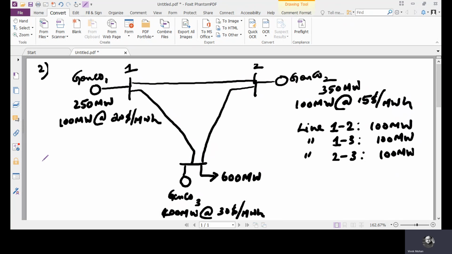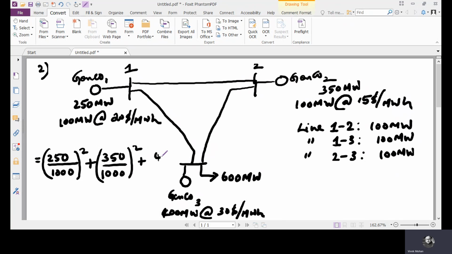Now the HHI in this case is equal to (250/1000) squared plus (350/1000) squared plus (400/1000) squared.